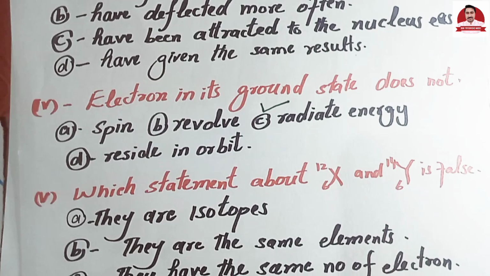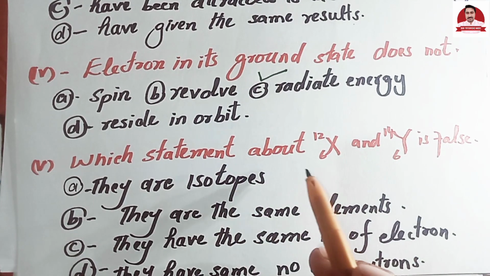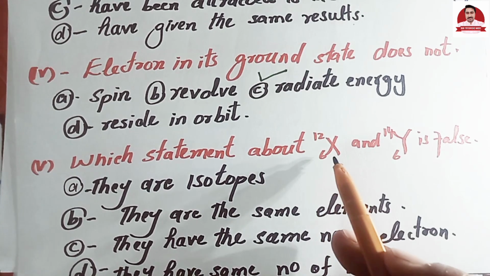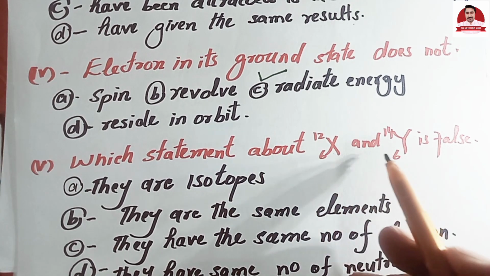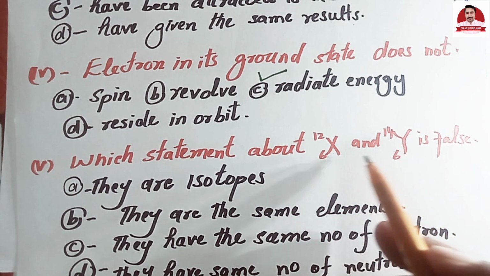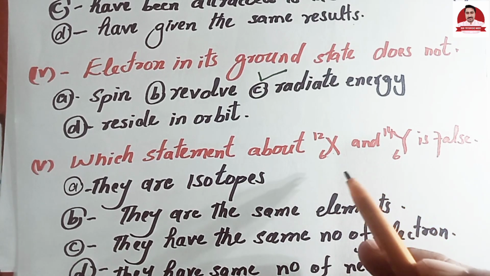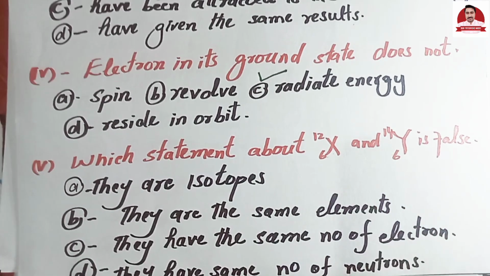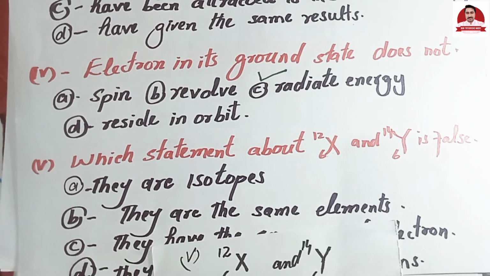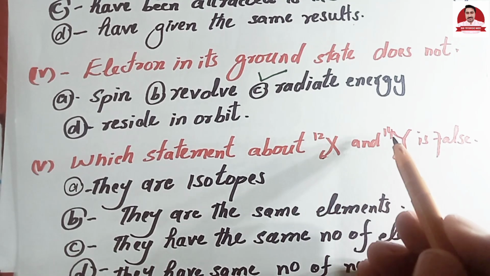Next question. Which statement about X and Y is false? X and Y are two isotopes. As we know, they have the same atomic number but different mass number.